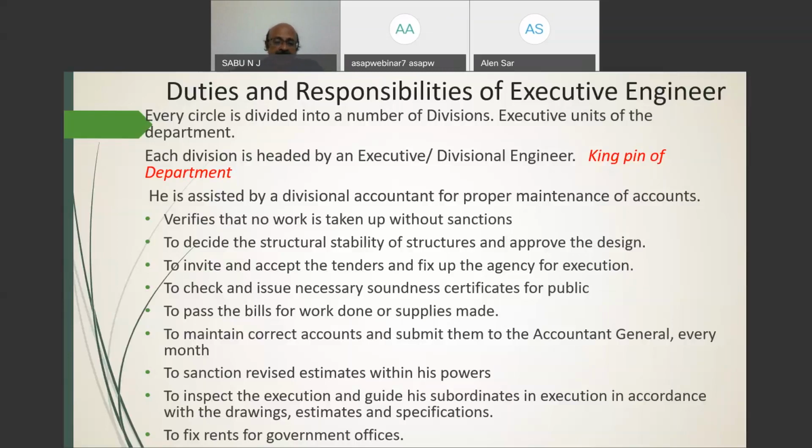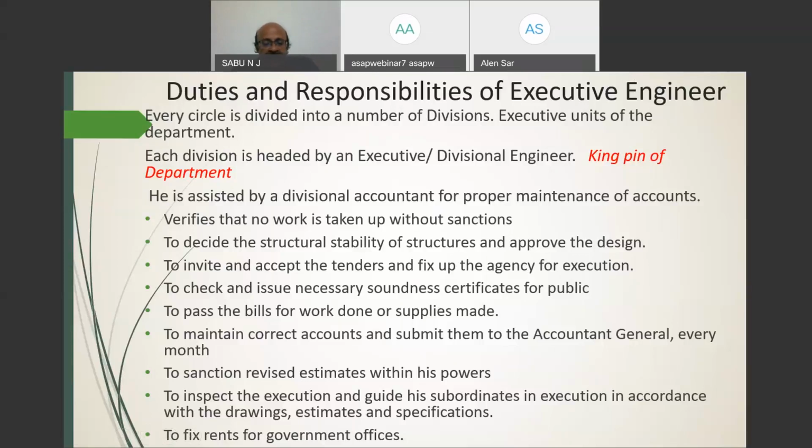So the executive engineer has such power, and to maintain the correct accounts. Generally, we can state that for all the areas, administrative, financial, and technical, the executive engineer has his own duties and responsibilities. These are the very important duties that must be performed by the executive engineer.